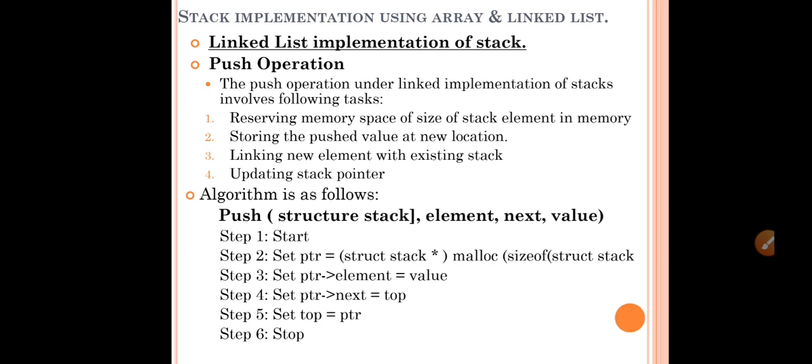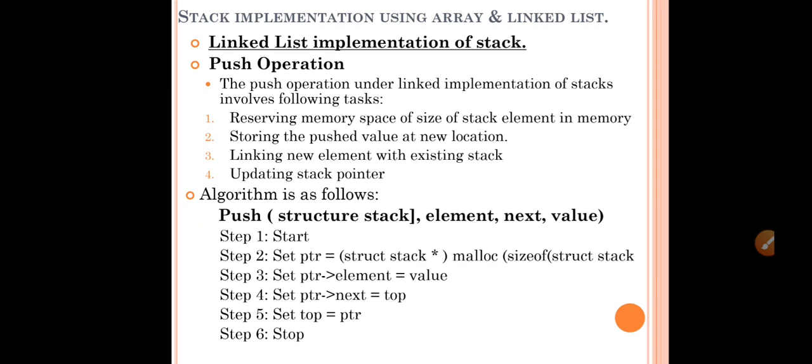Linking the new element with the existing stack: if the linked list contains any elements, we have to link the new node to the old list. Then update the stack pointer. That new node's pointer is going to point to the existing node. So let's see the algorithm.